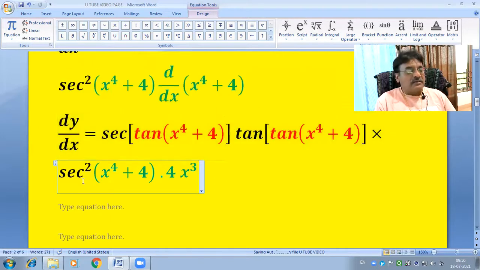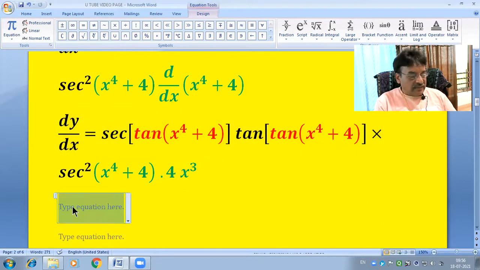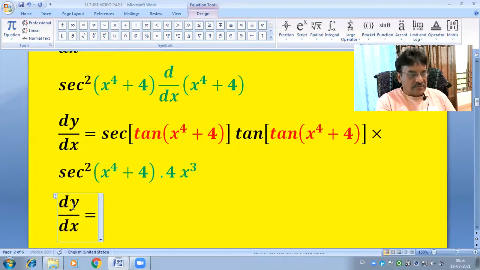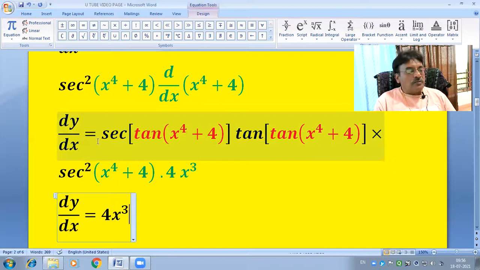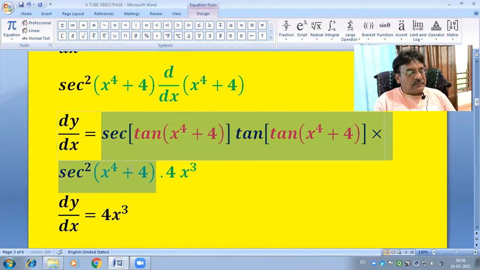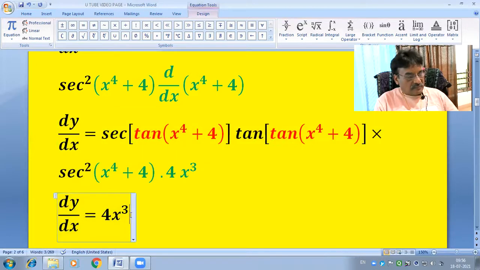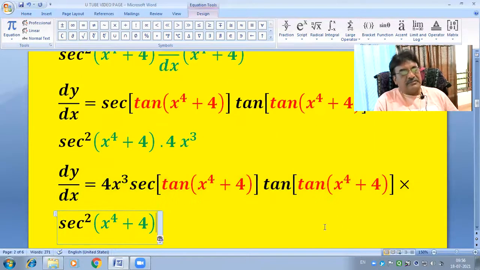Therefore the required derivative of the given function is dy by dx equals 4x cube, as it is, into up to this step, into these functions.